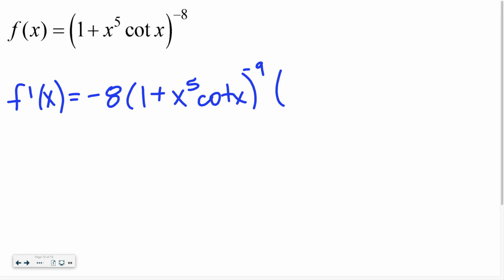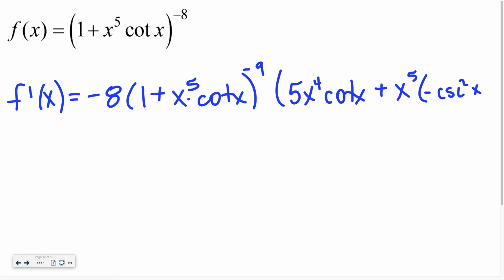Well, the derivative of 1 is 0. I'm not going to write it. Plus, we have a product. So we need to take the derivative of x to the fifth times cotangent of x plus x to the fifth. What's the derivative of cotangent? Negative cosecant squared. Okay, why aren't you writing 0?